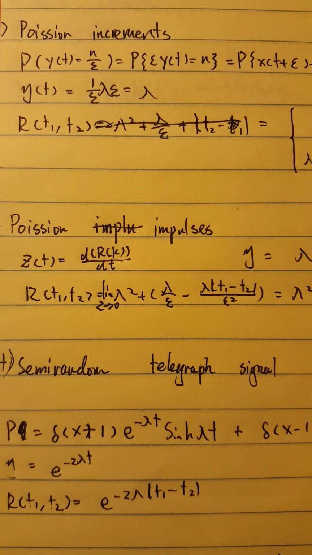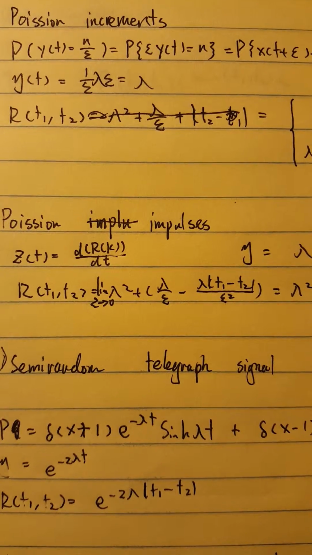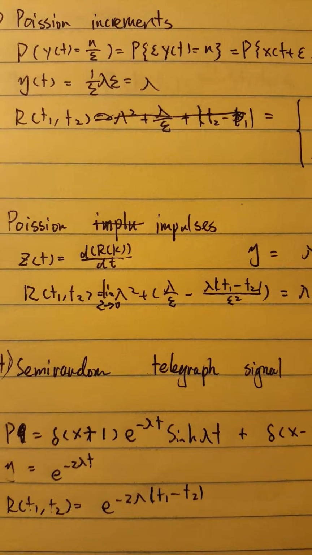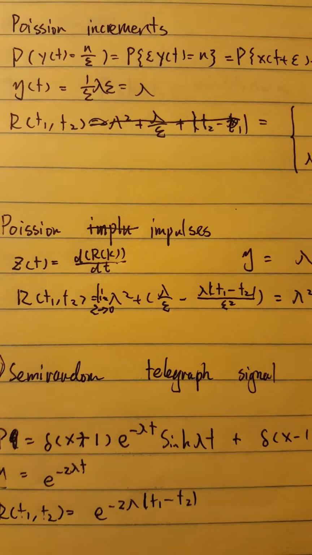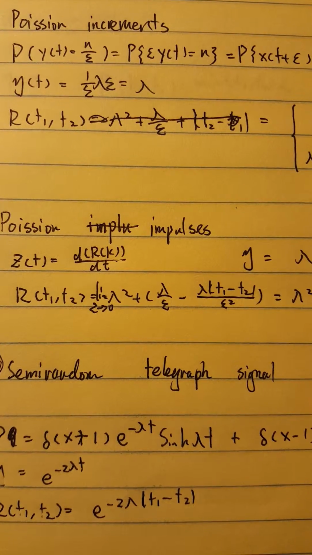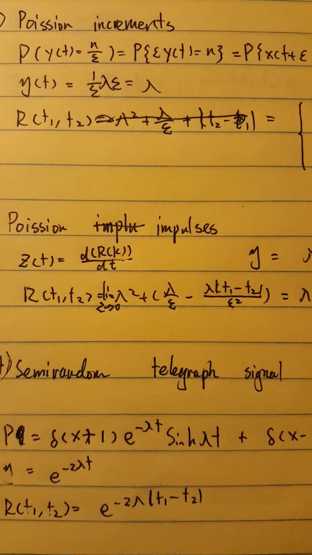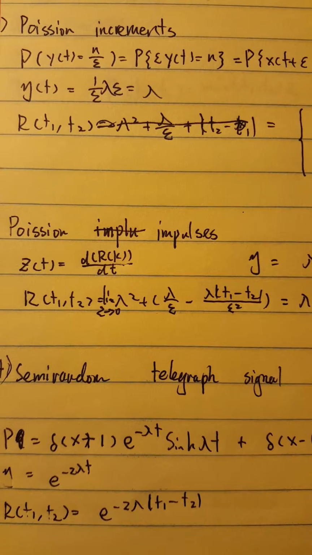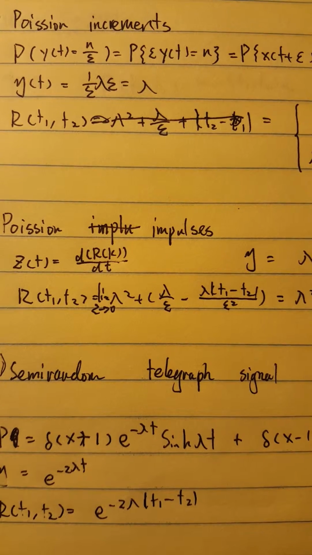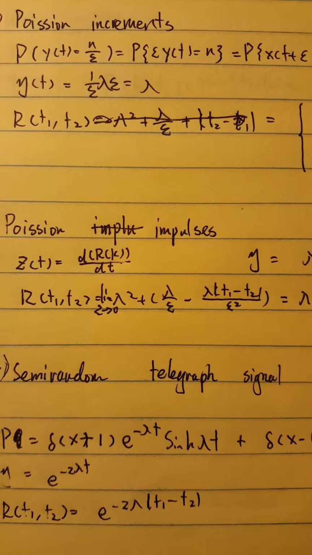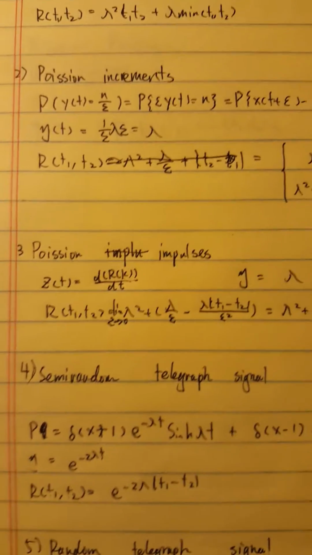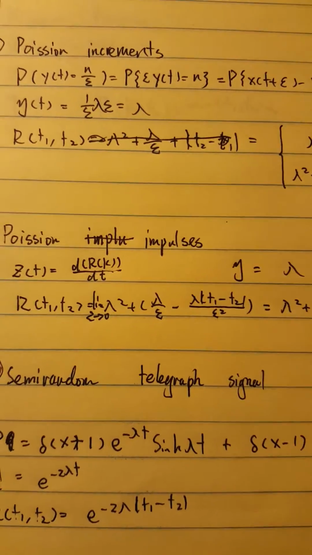It is because the coefficient of this process is not equal to 1 as in the Poisson process. It is just equal to 1 over t1 minus t2. So the product is the final answer, and it is also the expectation, so it is lambda.